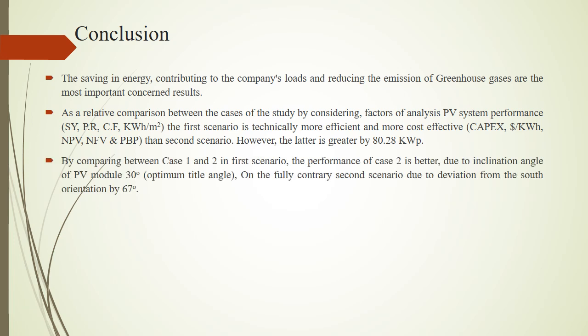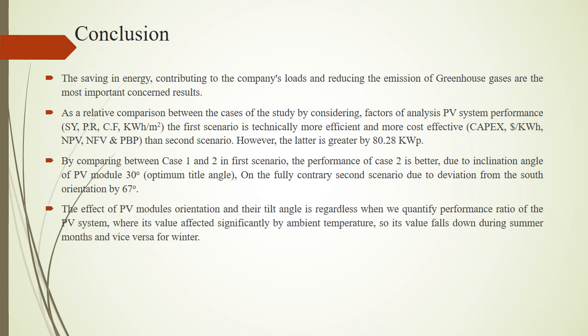By comparing case 1 and case 2 in the first scenario, the performance of case 2 is better due to the inclination angle of the PV module, the optimum tilt angle in Libya. On the contrary, the second scenario is worse due to the deviation from the south orientation by 67 degrees.